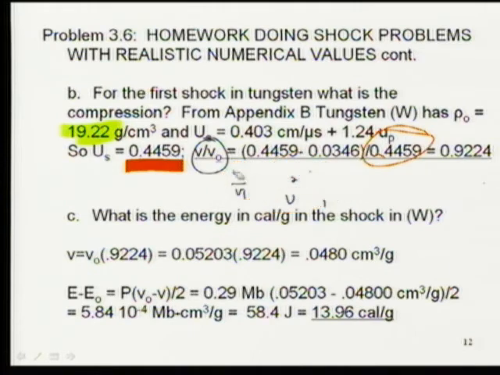But what I told you is correct, and down here is V2 over V1 is equal to U2 minus U1, this U2 minus U1, and V1 over V0 is equal to U1 minus little u1 over U1.